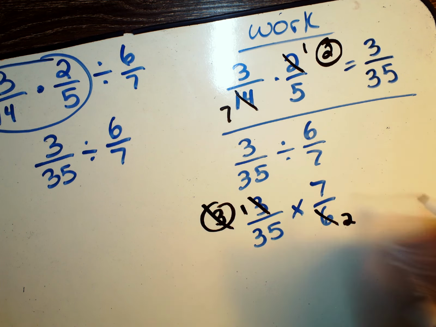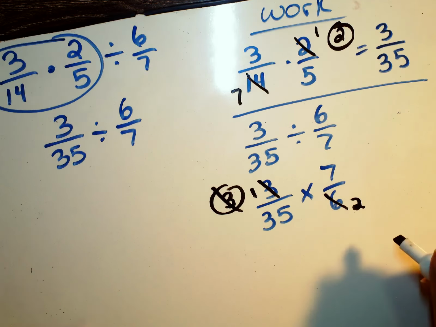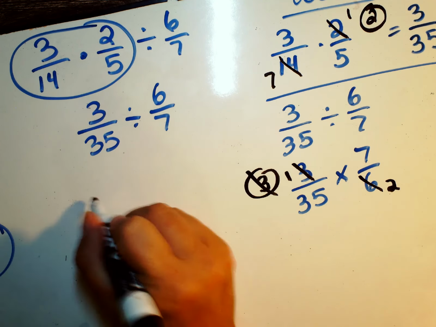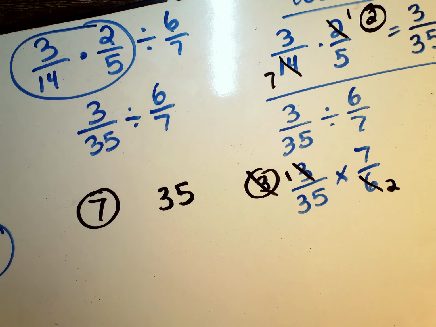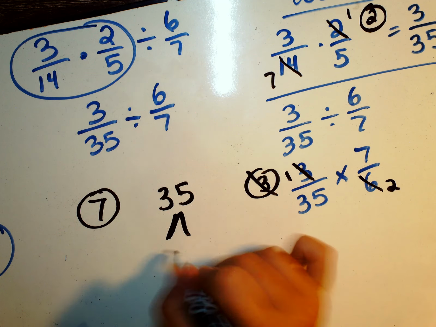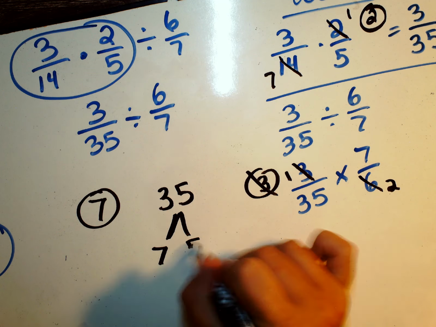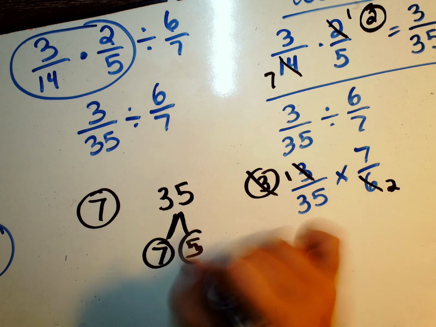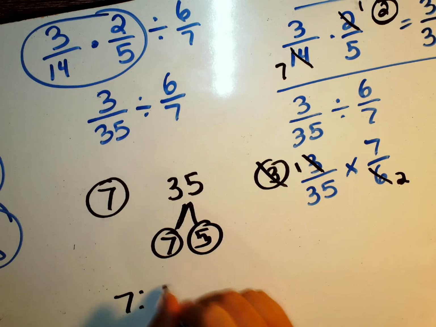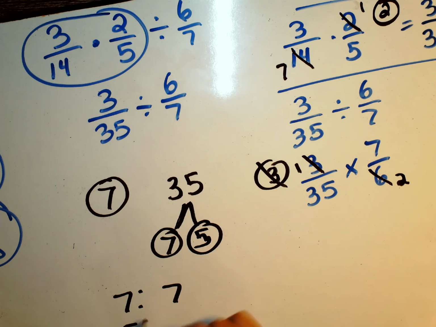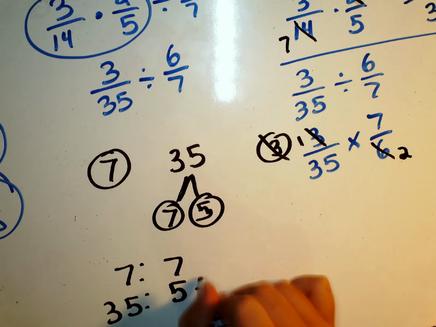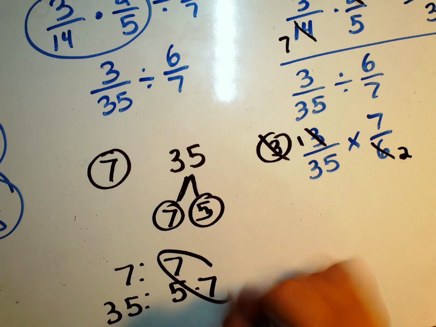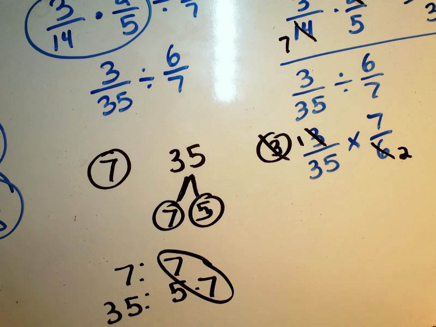A lot of you forget that 7 and 35, actually you can cross cancel. Again, if you're not sure, you do the factor trees. So remember, 7 is prime, so you can't do a factor tree. 35 is not prime. It is 7 times 5. 7 is prime and 5 is prime. So you're going to write out your 7. 7 is 7. 35 is 5 times 7. All right. Oh, look at that. 7 is our greatest common factor.